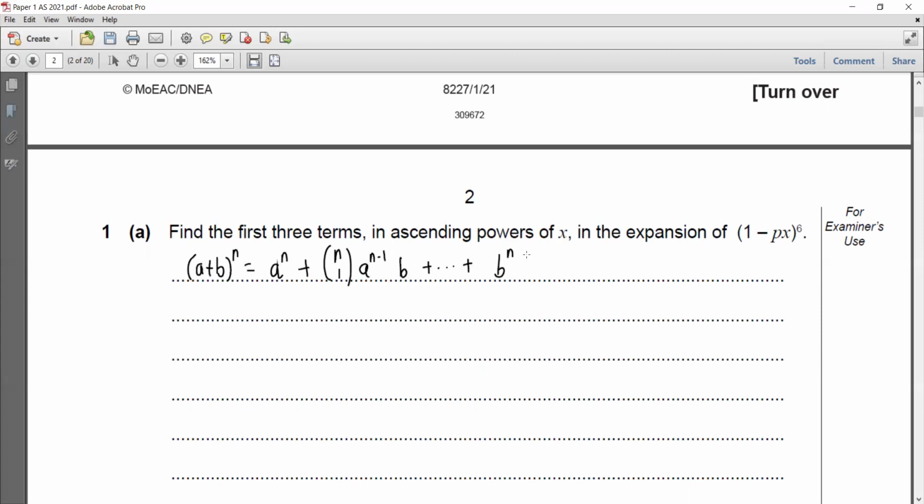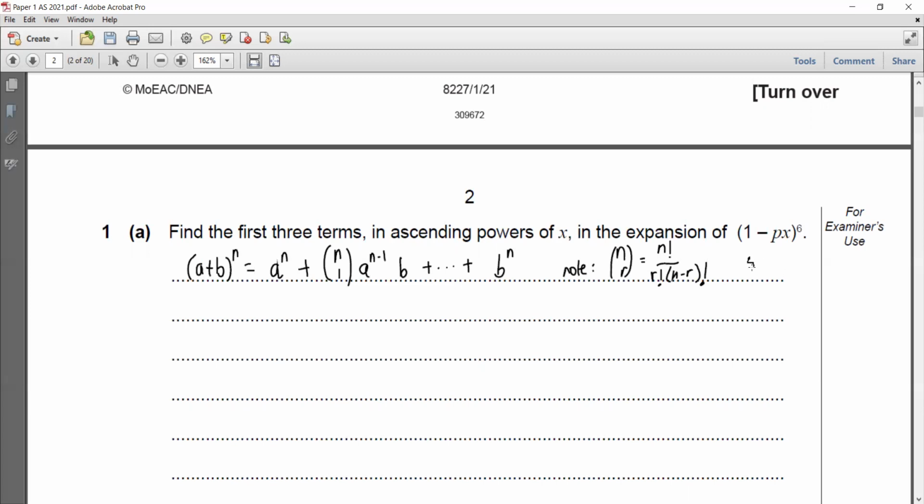So this is the formula that is given, and you need to keep in mind that n choose r is equal to n factorial over r factorial multiplied by (n minus r) factorial. And remember that r factorial means r times (r minus 1) times (r minus 2) and so on.